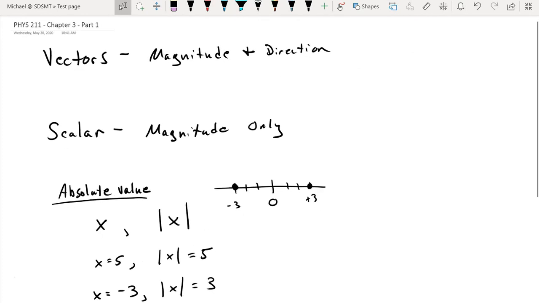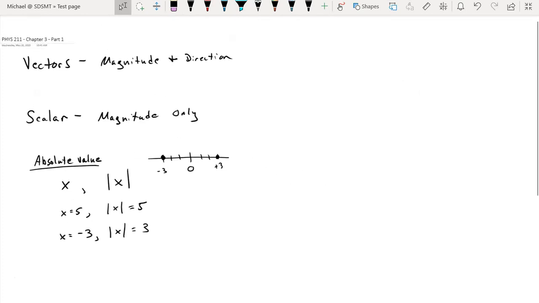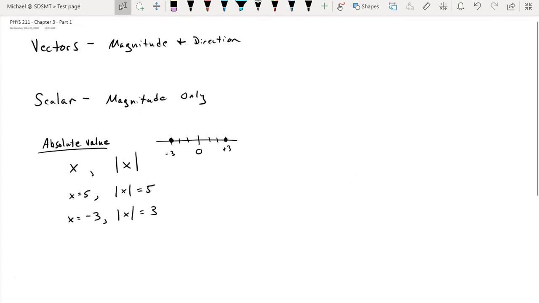And to help us with that idea, what we're going to do is we'll go ahead and just put together a collection of different terms that would be considered either a vector or a scalar. And we might as well start with the terms that we defined back in Chapter 2.